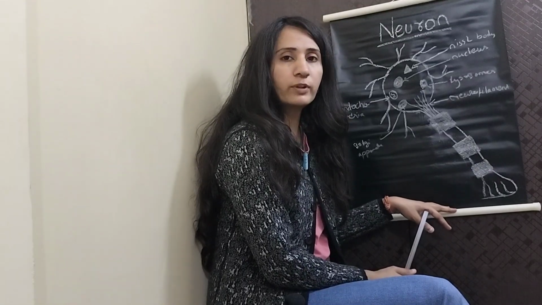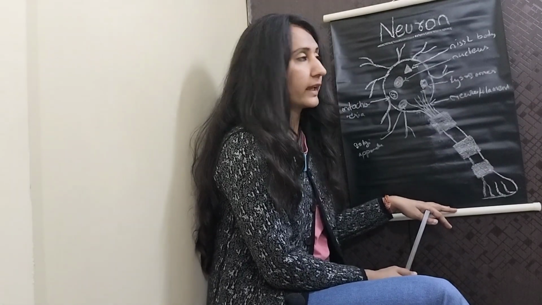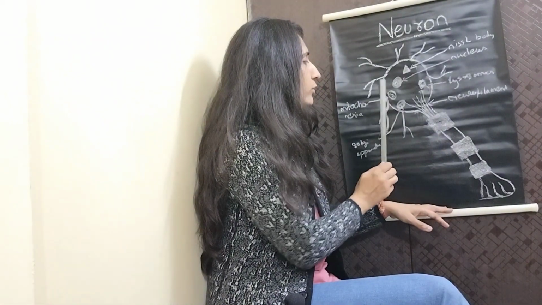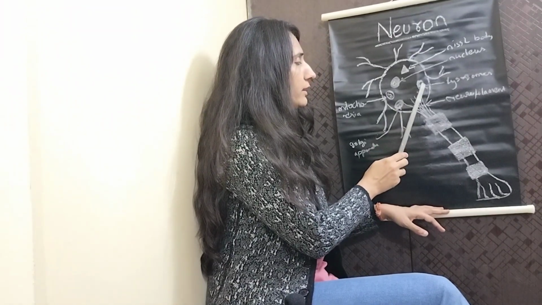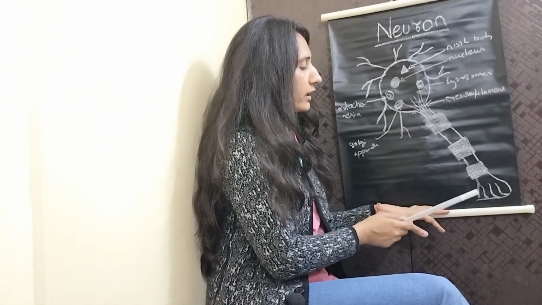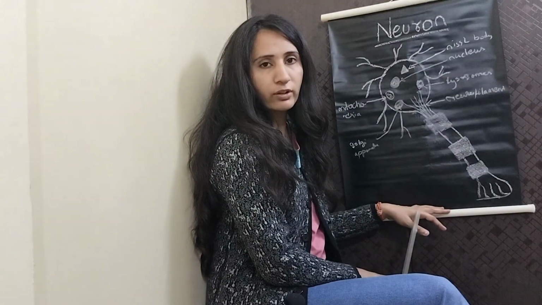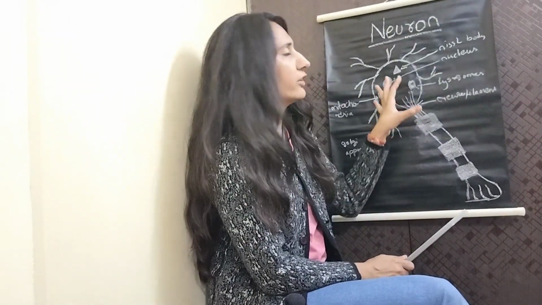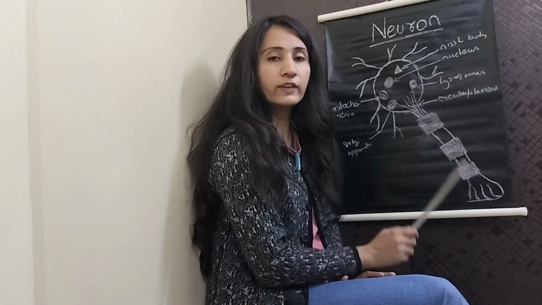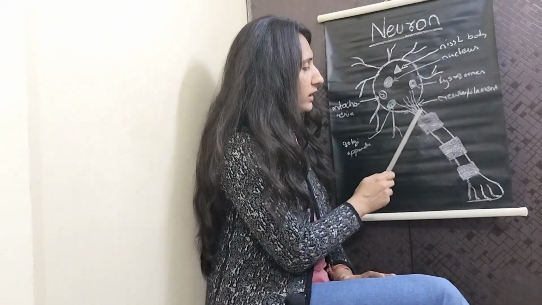Embedded in that cytoplasm are many structures like nucleus, mitochondria, Golgi apparatus, Nissl body, lysosome, smooth endoplasmic reticulum, microtubules, etc. So, this cytoplasm is present throughout this neuron, including axon and dendrites.